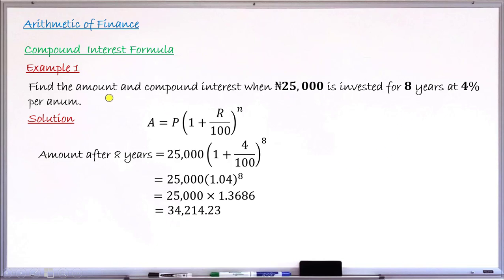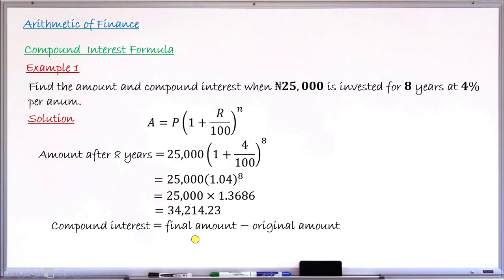So we have now obtained the amount, but the question says again we have to find the compound interest. To get the compound interest, what we simply do is to remove the original money from the total money after 8 years. So the compound interest is the final amount minus the original amount. The final amount is this 34,214, while the original amount is this 25,000 that we have invested.